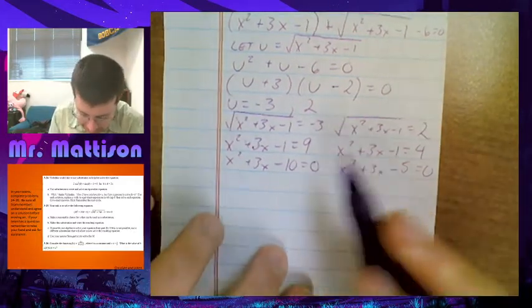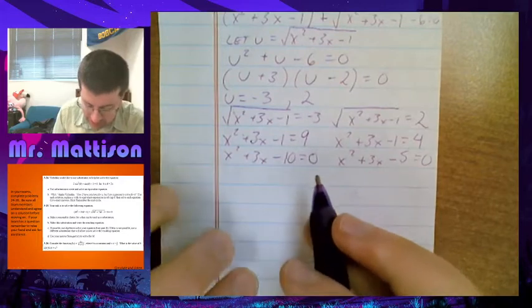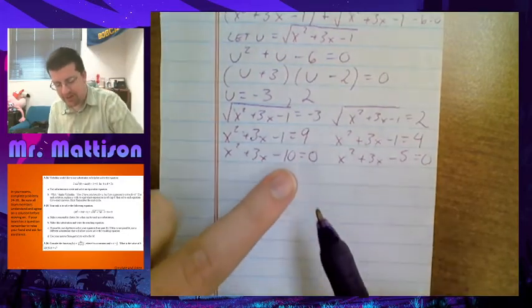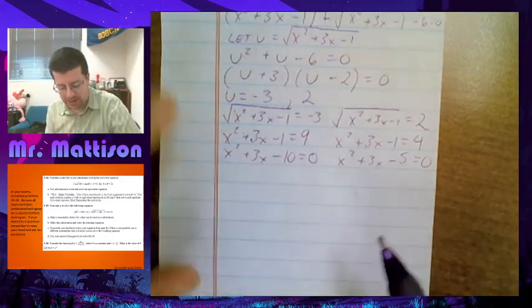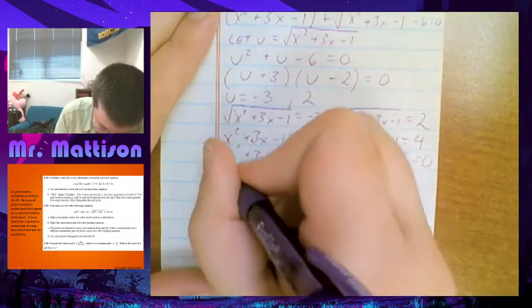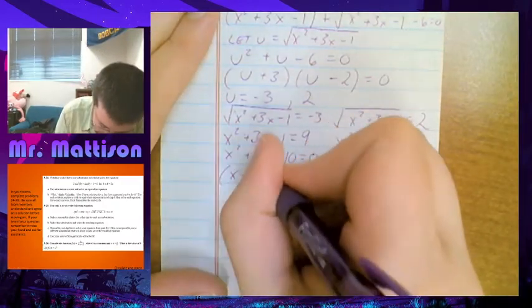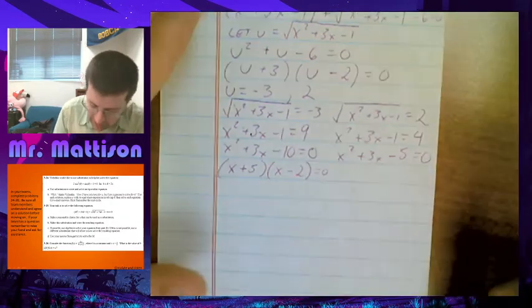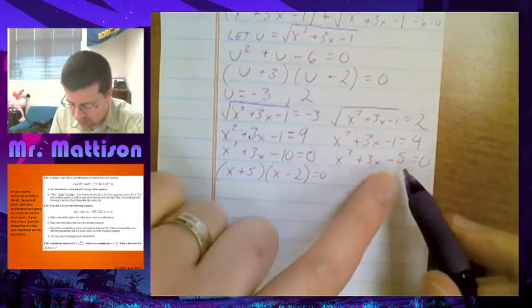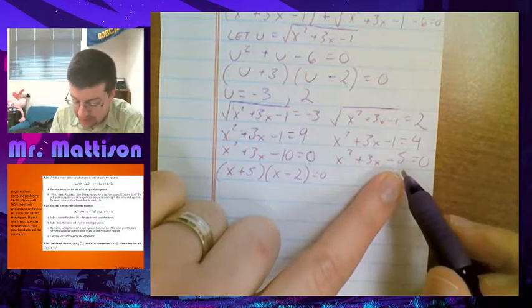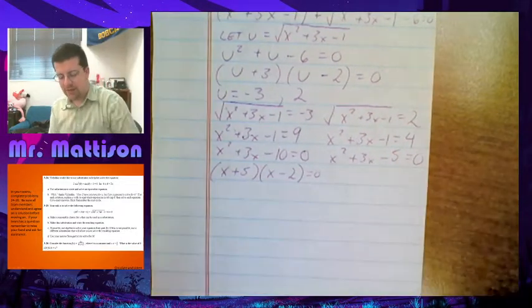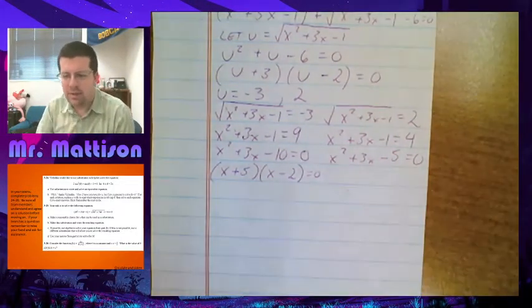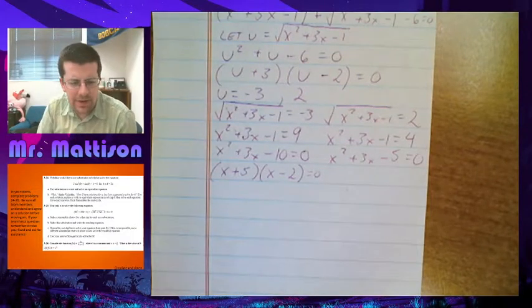All right, so then to factor these to solve them, I need, well, what multiplies to be -10, adds to be 3, well, that's 5 and -2, so x plus 5, x minus 2. Over here, I need to multiply to be -5, add to be a positive 3. That one, I believe, is not going to factor for me.